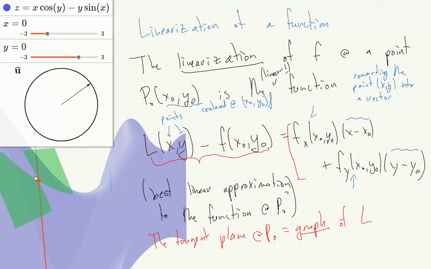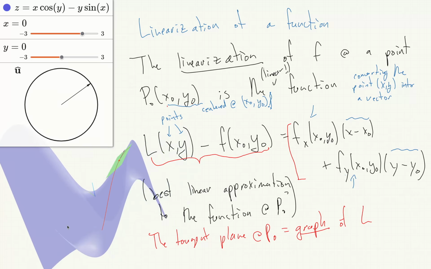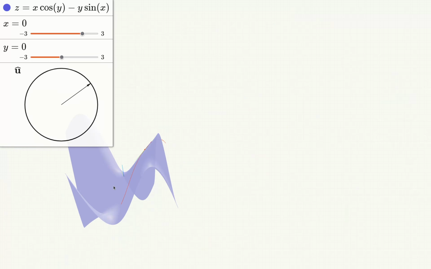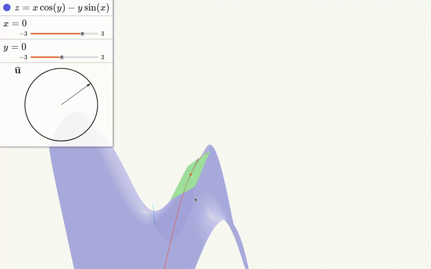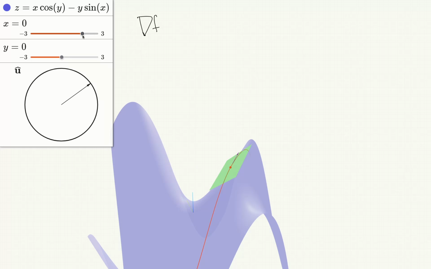Okay, so let's do an example and find the linearization of this function. So I guess we've already found that. So del f at 0, 0. Let me just rewrite the formula for del f in general.